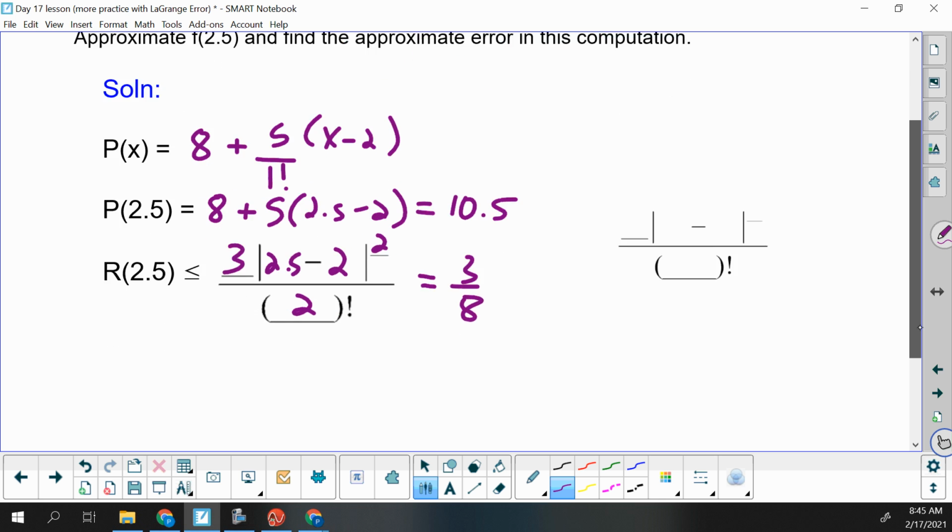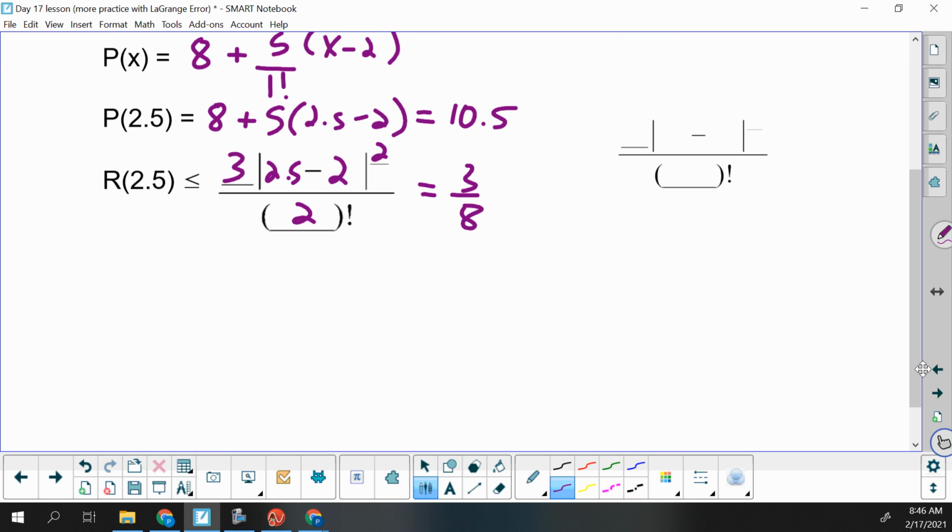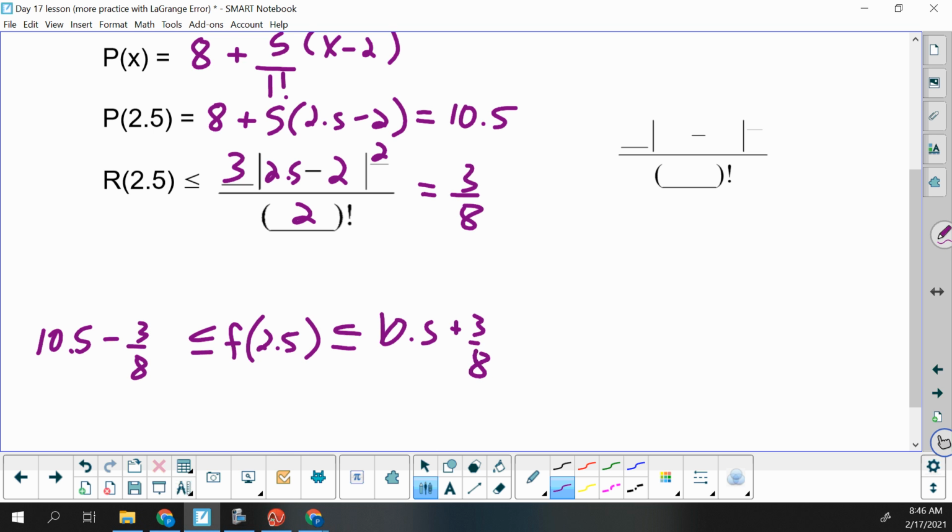Now, one thing you'll see on the homework is it might ask you to prove that f of 2.5 is within something. Well, if you need to do that, you just use your error. In this case, we would know that f of 2.5 is within 10.5 minus 3/8 and 10.5 plus 3/8.